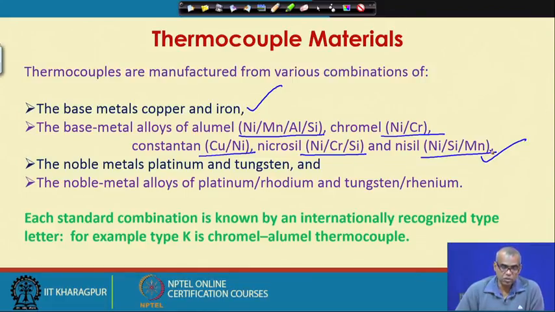So, in industry, thermocouples are represented by a letter like type E, type K, type J, type N, and so forth. We will take a look at the list. Now, type K is chromel alumel thermocouple.